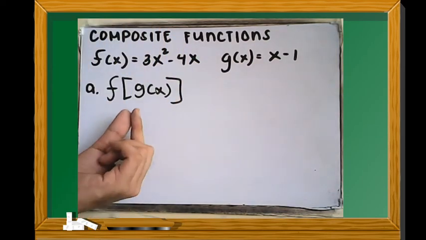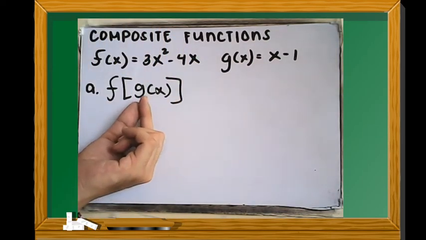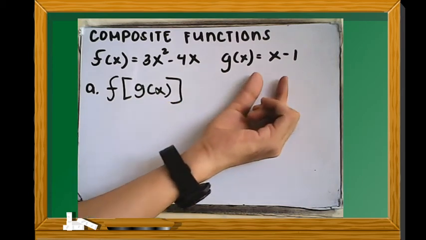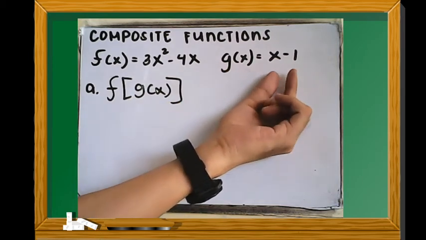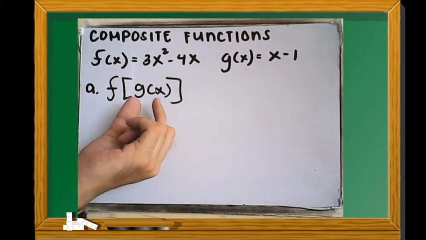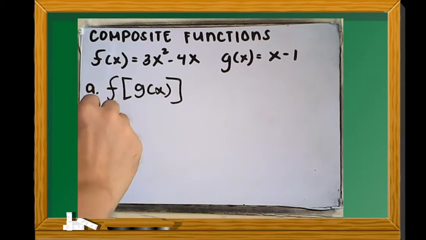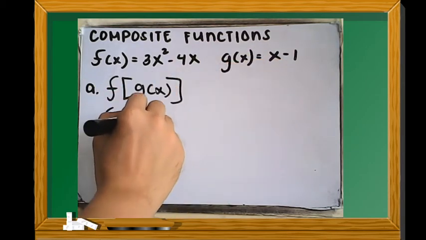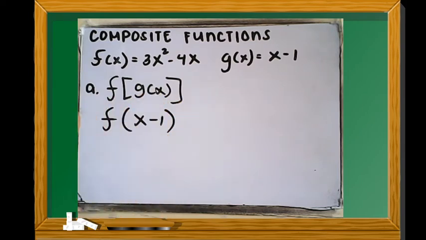Okay, so first we just have to substitute the value of g of x. In our given, g of x is equal to x minus 1. So we will just change g of x to x minus 1.